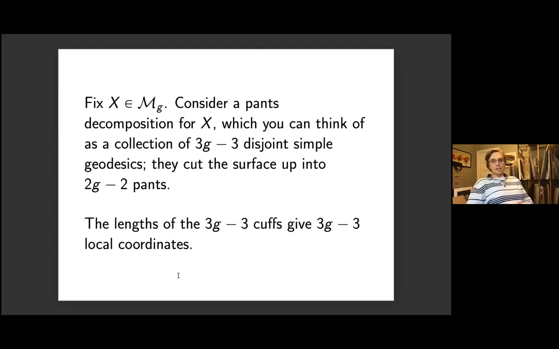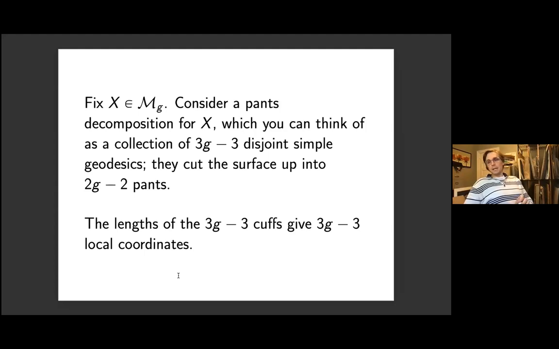One way is it's a collection of 3G minus 3 disjoint simple geodesics. When you cut along these geodesics, you get a collection of 2G minus 2 pants. Okay, so a pants decomposition is nothing more and nothing less than a way of cutting up your surface into pants. There are 3G minus 3 cuff curves.